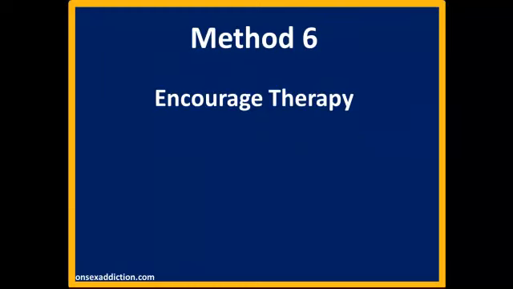Method 6 is to encourage therapy in regards to family and marital. Not everyone is legally able to provide this kind of therapy, but encouraging some kind of dynamic that includes marital or family therapy will help eliminate a lot of the lies and excuses that the sex addict is used to living with.